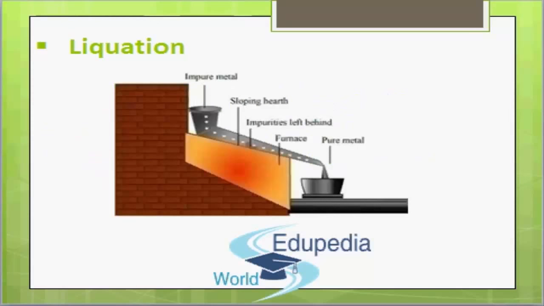We can see this figure. The impure metal is heated at the top of a sloping hearth and the temperature is maintained slightly above the melting point of the metal to be purified. The metal flows down the inclined hearth and collects in a receiver at the bottom of the slope.